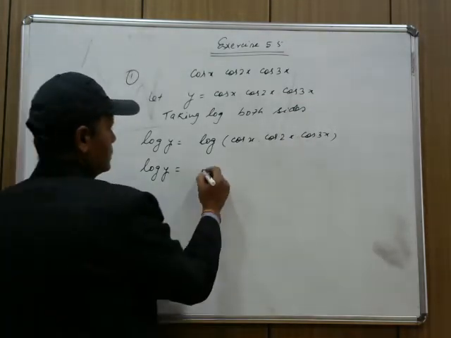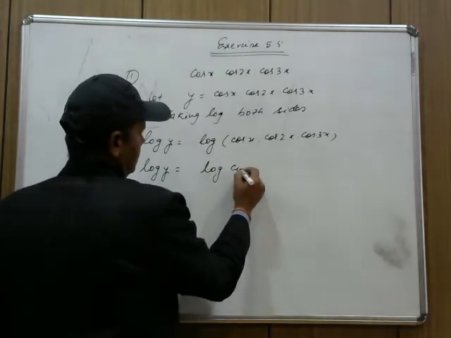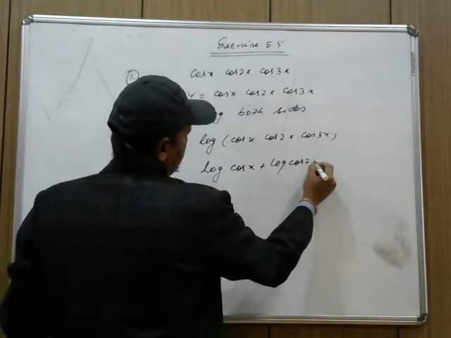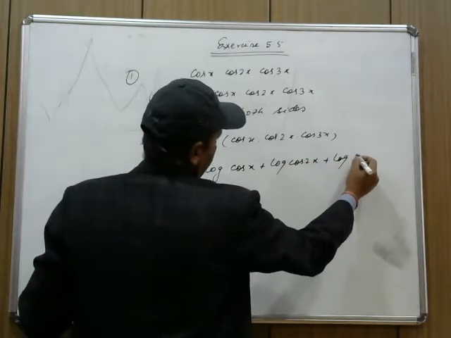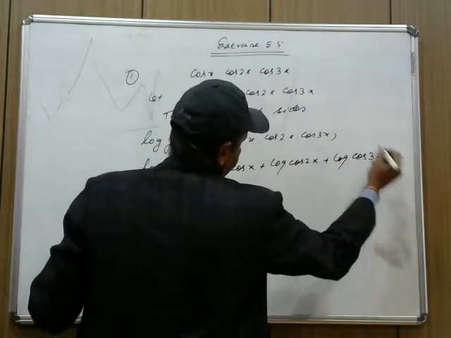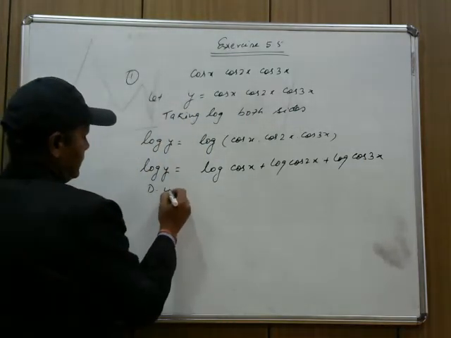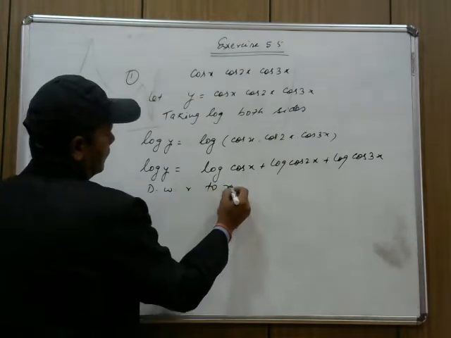That's why I can write now this is equal to log cos x plus log cos 2x plus log cos 3x. Right? Now differentiate with respect to x.